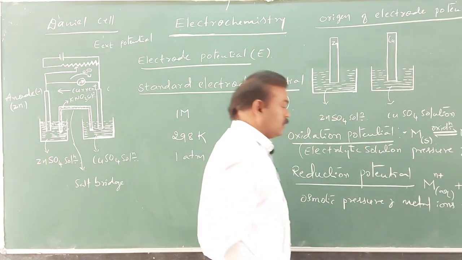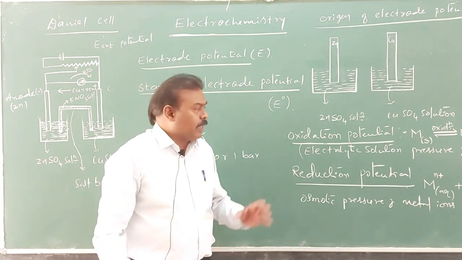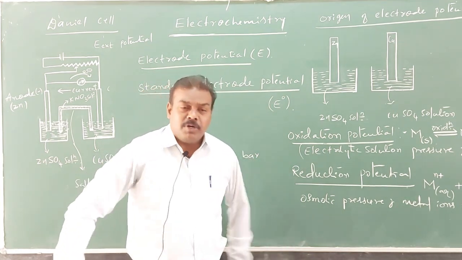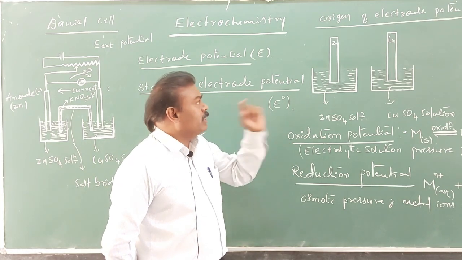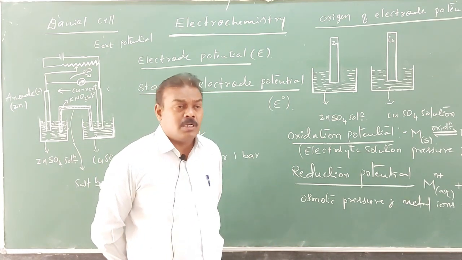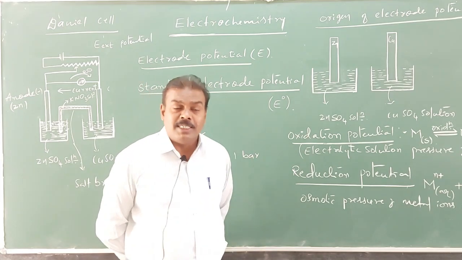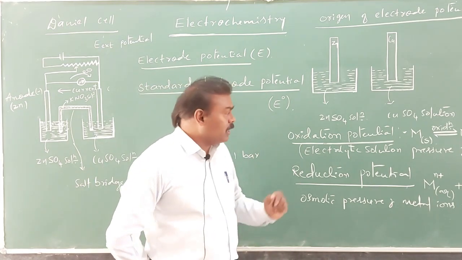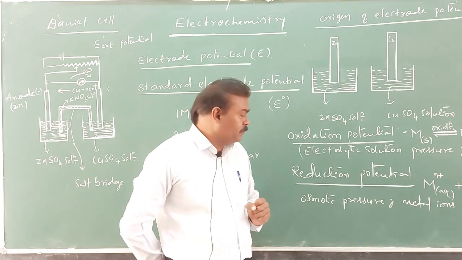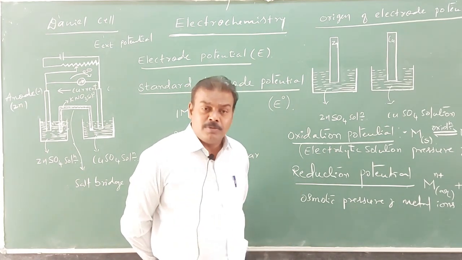These two points are very important in order to understand the origin of electrode potential, or how that electrode potential is developed. Now, oxidation potential we know, and reduction potential also we know.